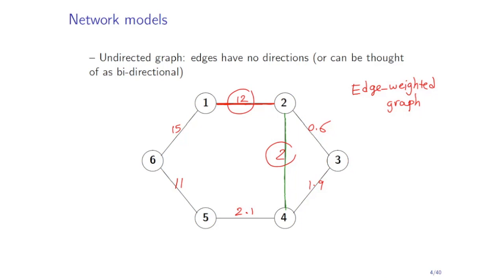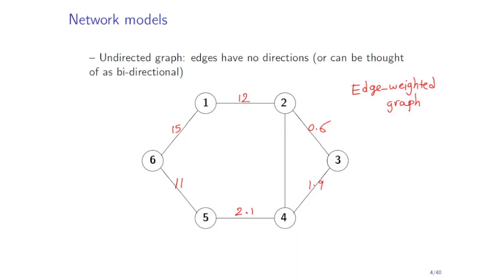Another example: if this is a transportation graph representing a transportation network, then these numbers on the edges can be the length or distance between these two vertices.